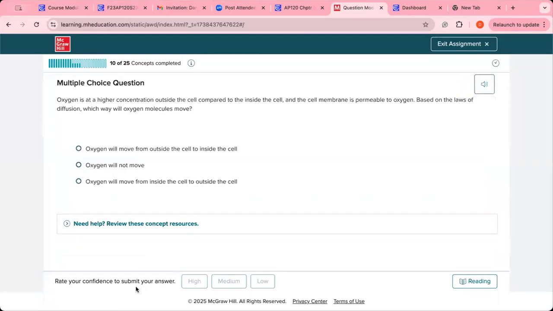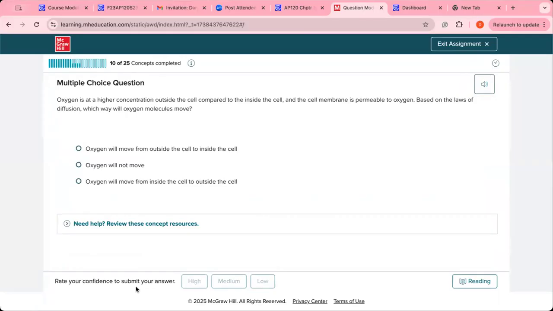Okay. Oxygen is at a higher concentration outside the cell compared to the inside of the cell, and the cell membrane is permeable to oxygen. Based on the laws of diffusion, which way will the oxygen molecules move? Are they going to move from outside to inside or from inside to outside?